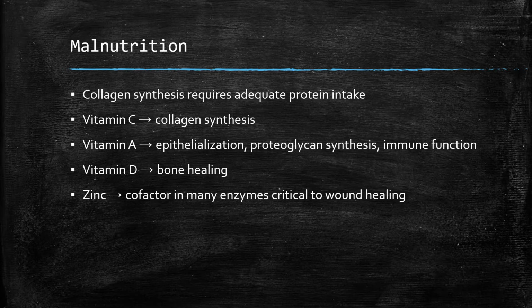Vitamin C is critical for collagen synthesis, and vitamin A supports wound epithelialization, proteoglycan synthesis, and overall immune function. Vitamin D is necessary for fractures to heal, and zinc is a critical mineral since it's a cofactor in many enzymes critical to the wound healing process.